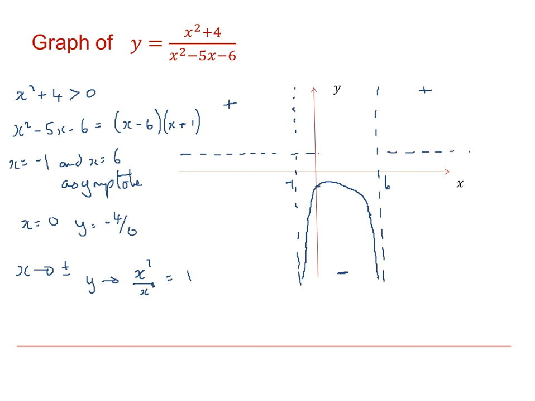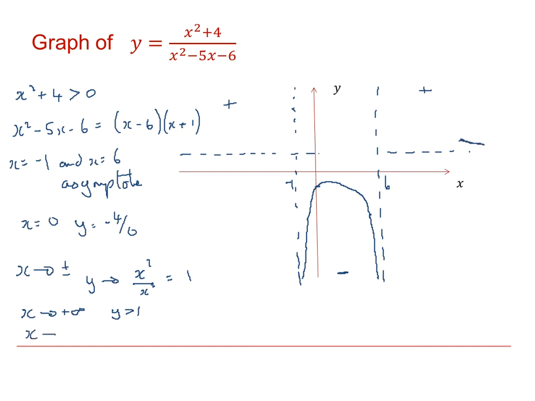But then we have to think about, well, what direction does it approach 1? So when x is large and positive, we can see that x squared plus 4 over x squared minus 5x minus 6 is always going to be greater than 1. So y is greater than 1, so it approaches from above.